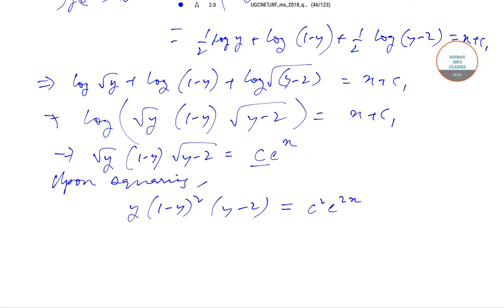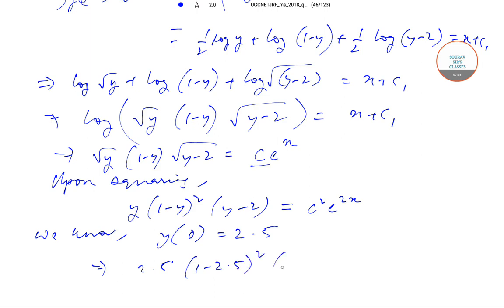Now we know y of 0 is equal to 2.5. So if we put x equal to 0 over here, we'll get 2.5 into 1 minus 2.5 whole square into 2.5 minus of 2 is equal to c square into e to the power 0, that is basically equal to c square.